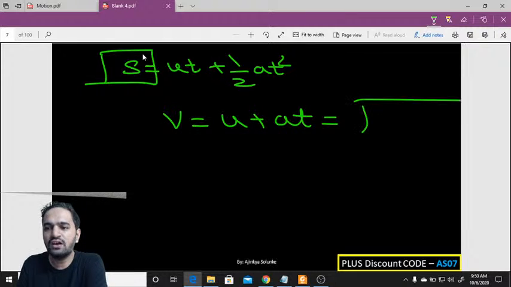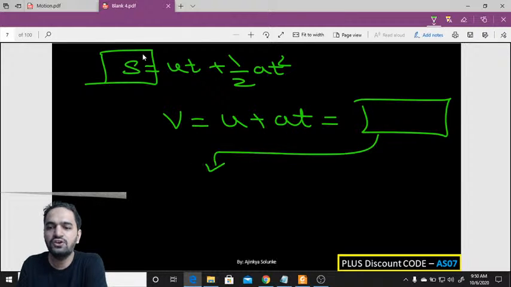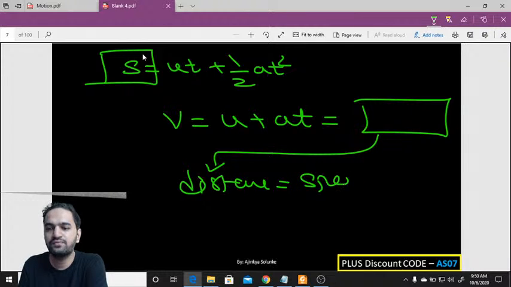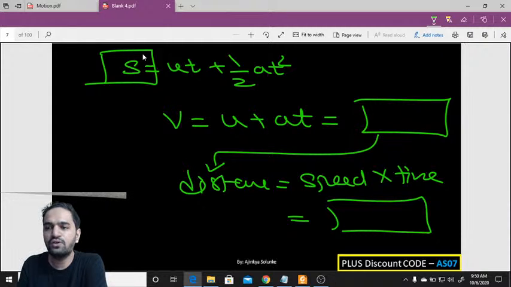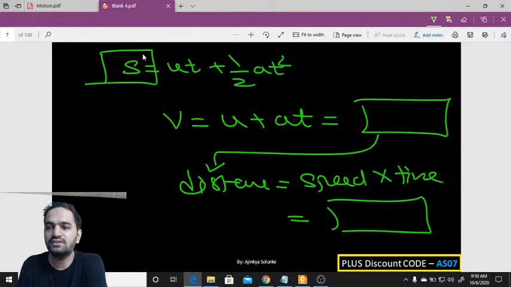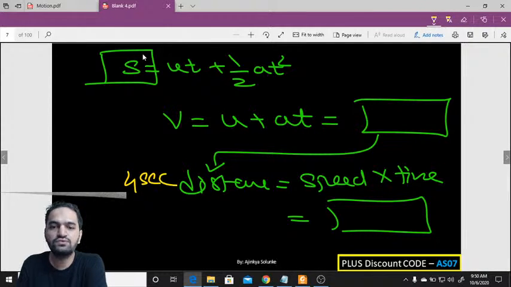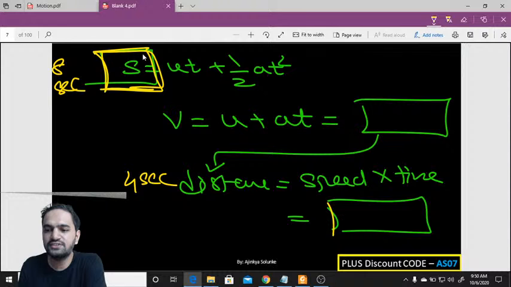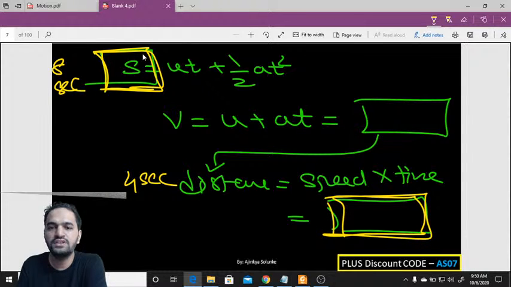By using this velocity, we put it in the formula distance is equal to speed into time, which gave the answer for 4 seconds, while the other was for 8 seconds. We added these two boxes, S1 and S2, to calculate the total distance. Very simple.